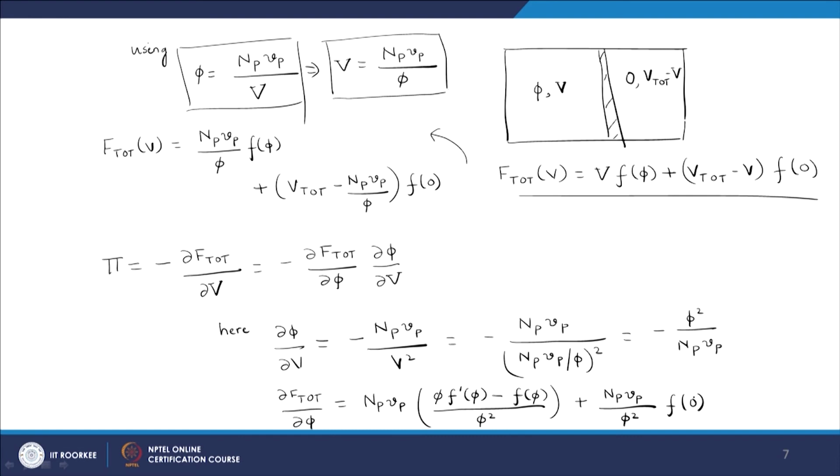Now if I put that back here, you will see that Np Vp will cancel, and what I will have is phi square, the following, which I can simplify, and then I will get the expression.